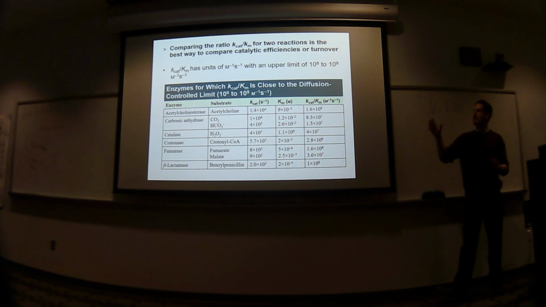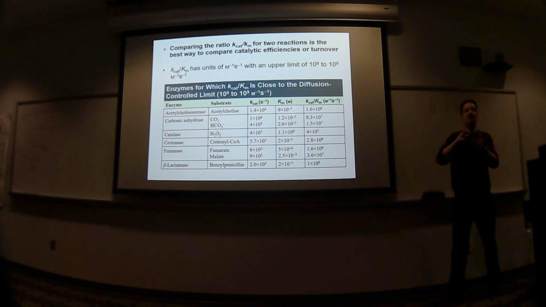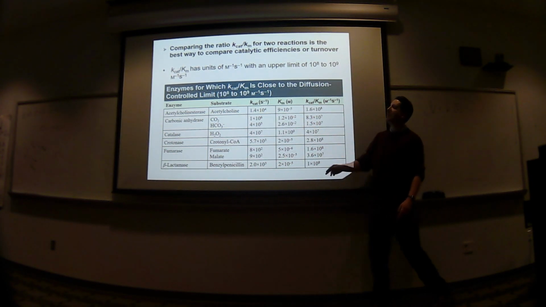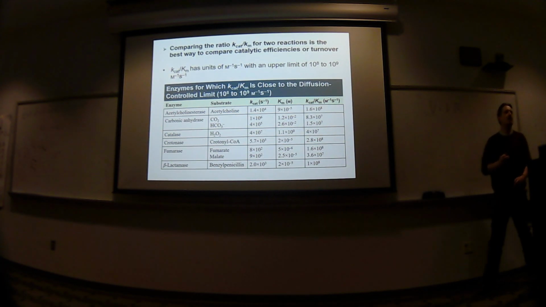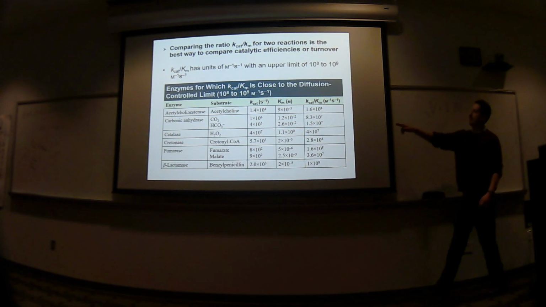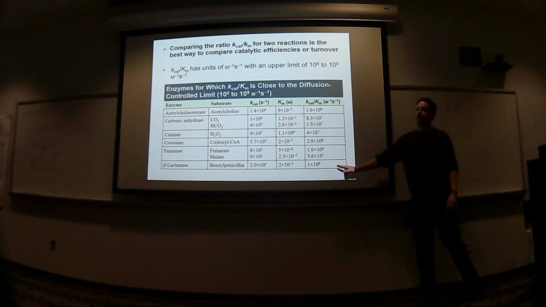But what if we wanted to compare different enzymes and different substrates? You can do the KCAT value divided by the KM value, and that allows you to compare enzymes to find out which is the most catalytically effective and rapid enzyme for this value here.